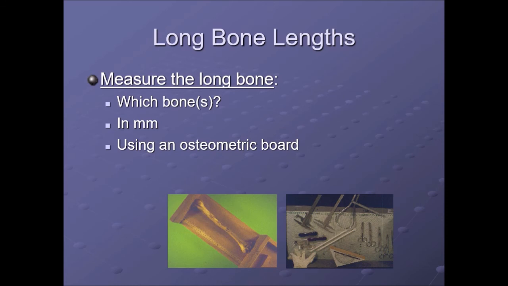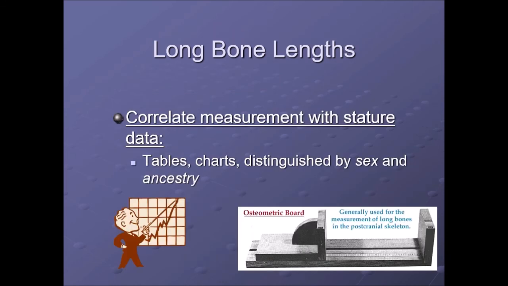If we don't have a complete femur, or if we don't have a femur at all, or the tibia, then we'll go to the arm bones. There's other formulae for that. So we'll use whatever we have. We'll use the best we can get, okay? There are other ways of doing this, but we're sticking with it. We correlate this measurement to a stature data board. These tables and charts are distinguished by sex and ancestry.